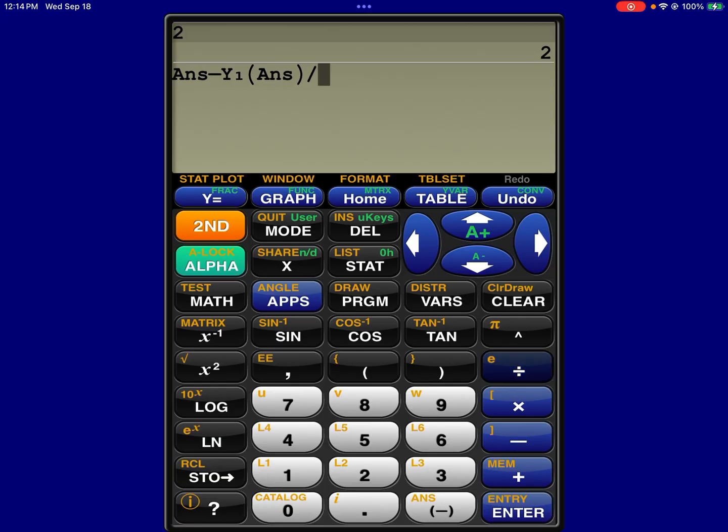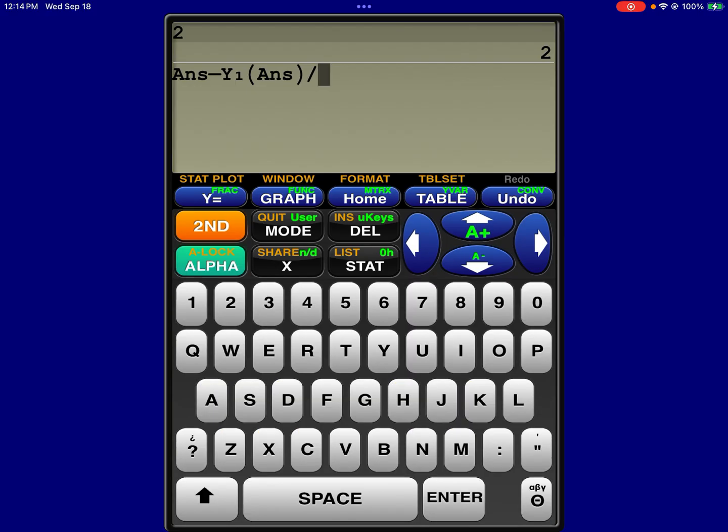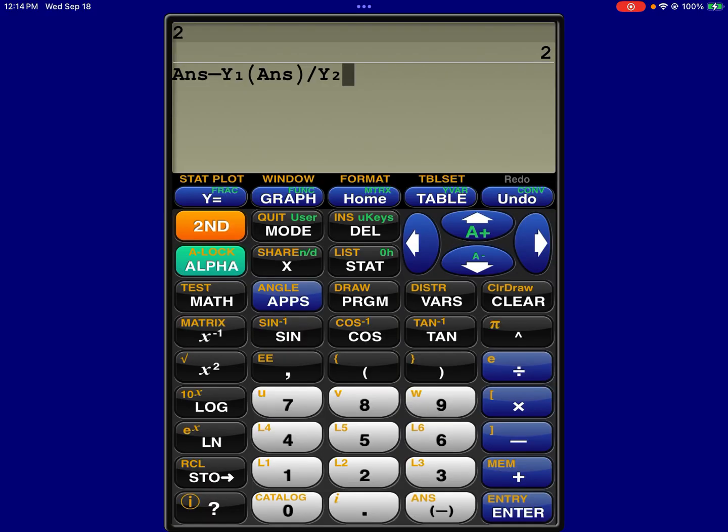Then I'm going to divide by y2 of that same ans, which is 2 here, in this step at least. So I'm going to hit alpha, alpha trace, y2, and then I'm going to put the answer in there, so it's going to be second ans. And then we're all set up.